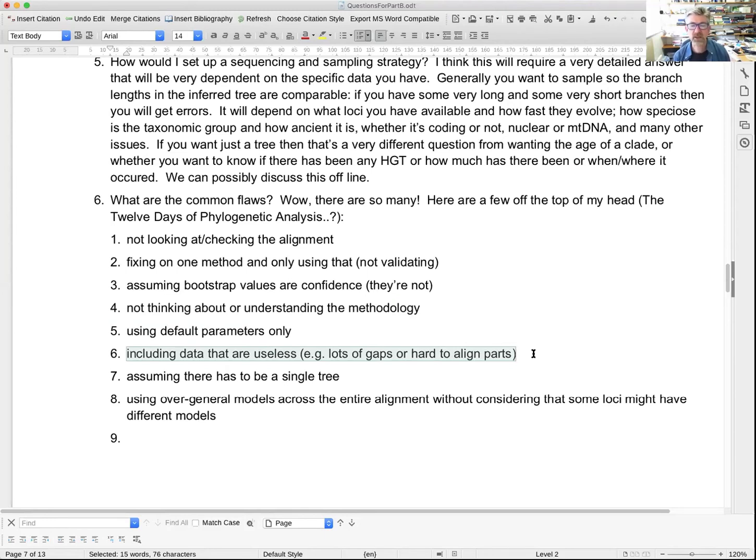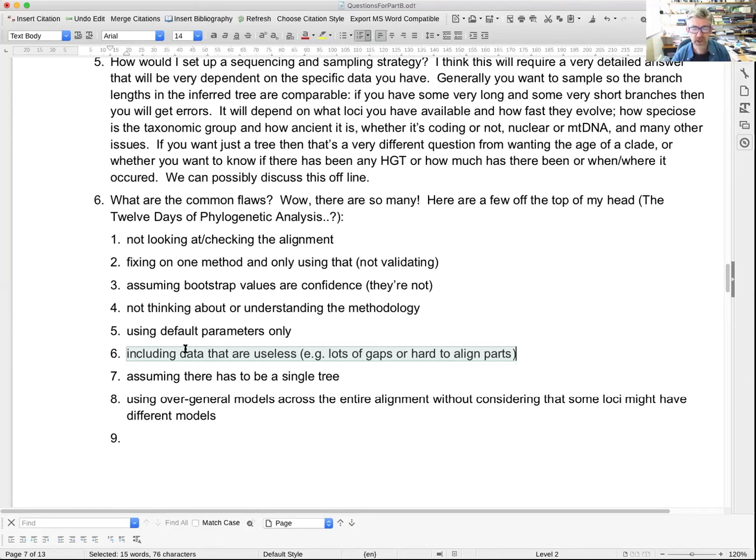Well, if you can't align it, then it's not helping you, and it's probably making things worse. And if you've got a sequence or a taxon that is missing a lot of information, you may as well leave it out and say, look, we tried, it didn't work, and just accept that it's not going to help. It's possibly making things worse.